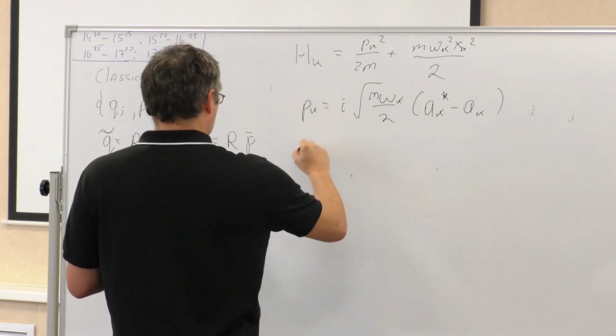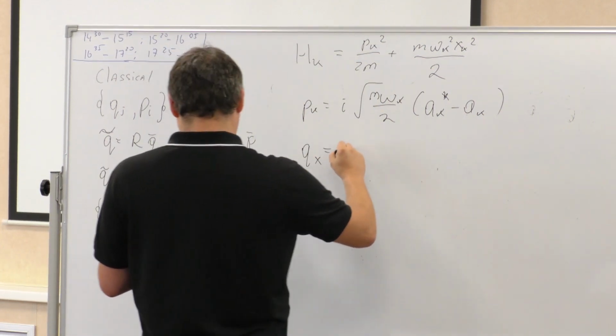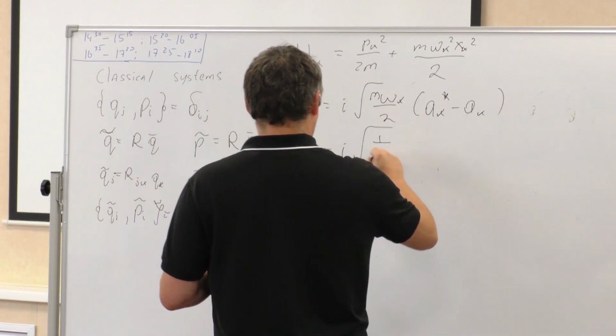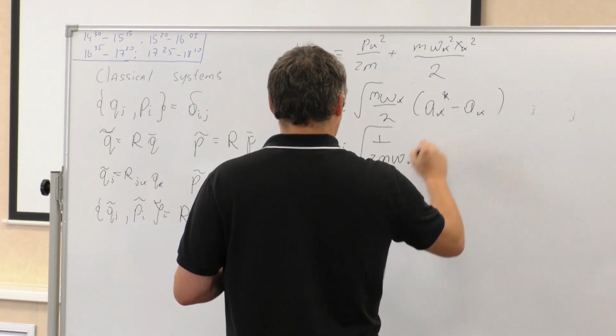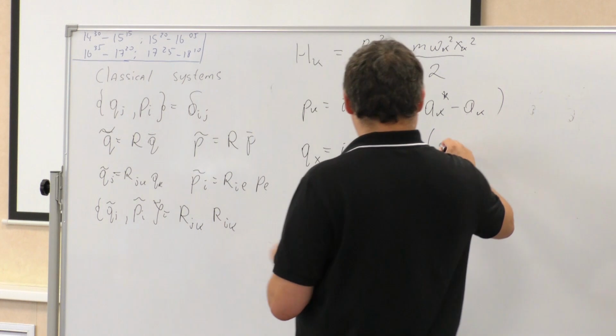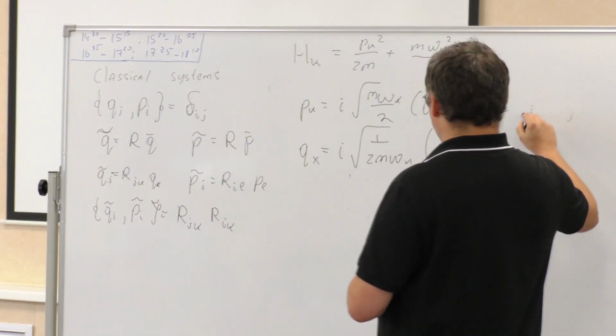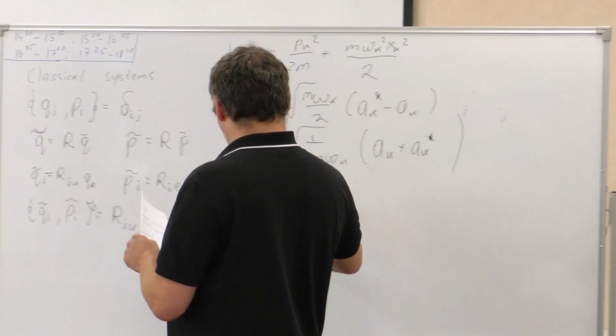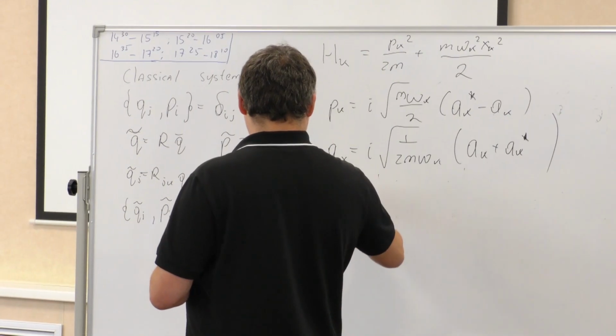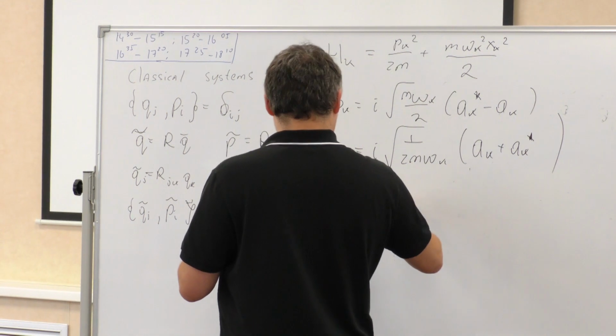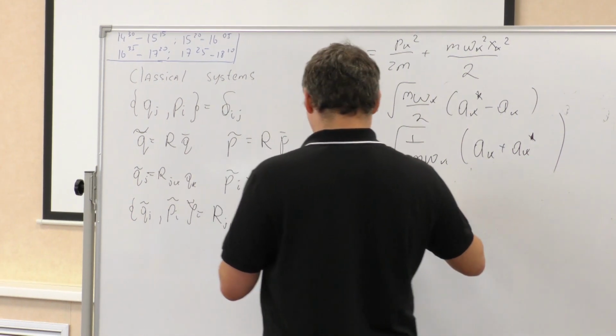I just introduce new nice variables, which I call, for obvious reasons, A and A star. And I can invert it. A_k star will be 1 over square root of 2.